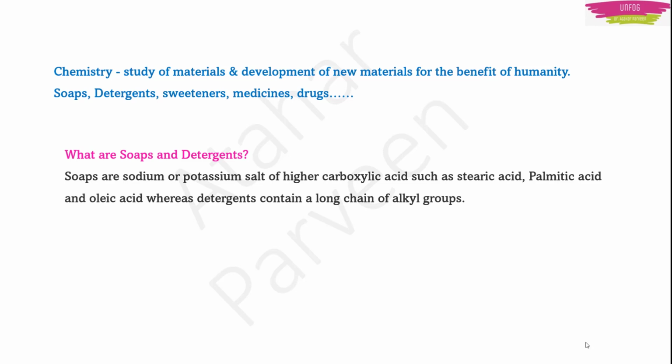Whereas detergents contain only long chains of alkyl groups. So what you have to remember? Soaps, carboxylic acids; detergents, alkyl groups. If you remember so much, you will have good connectivity. Soaps are made of carboxylic acid. Detergents are made of long chains of alkyl groups.